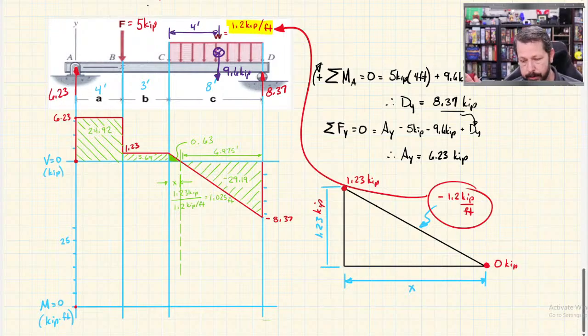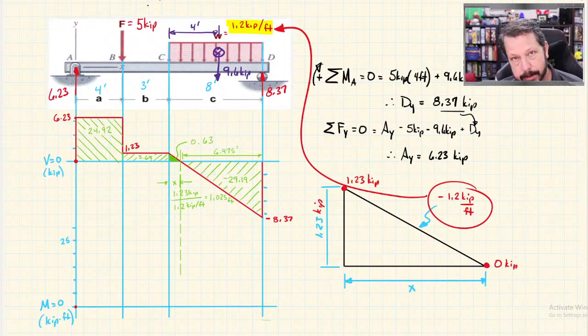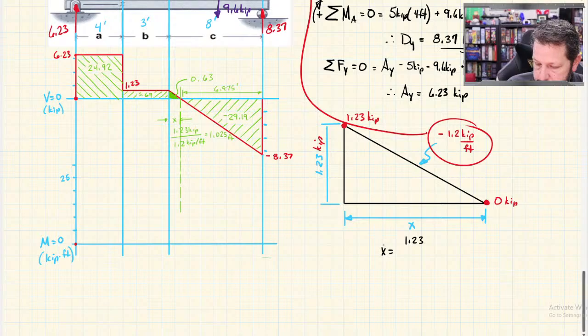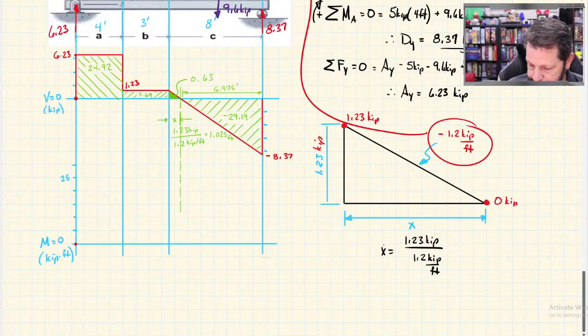So all I have to do is divide those two numbers. Divide 1.23, the current height, by the rate that I'm losing height, 1.2 kips per foot, and I will find out the distance x. So x is just equal to 1.23 kips, the height, divided by the rate, and I'm dropping the negative sign because I know it's not a negative distance.